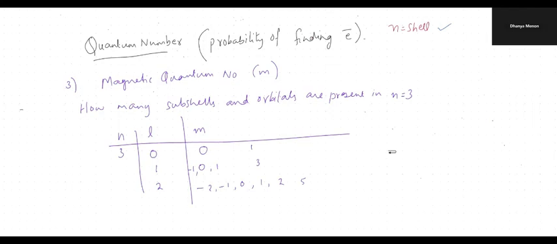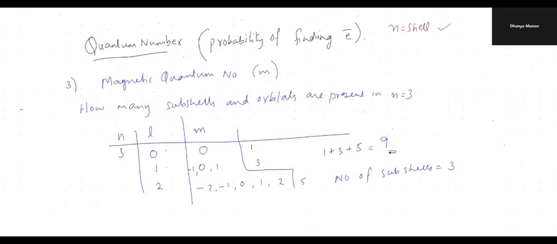So, total how much? 1 plus 3 plus 5. How many orbitals are there? 9, right? The number of subshells: these are the subshells, S, P, and D. There are 3 subshells, right?